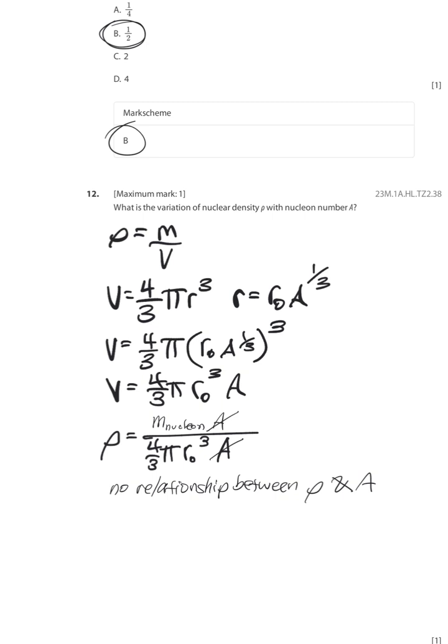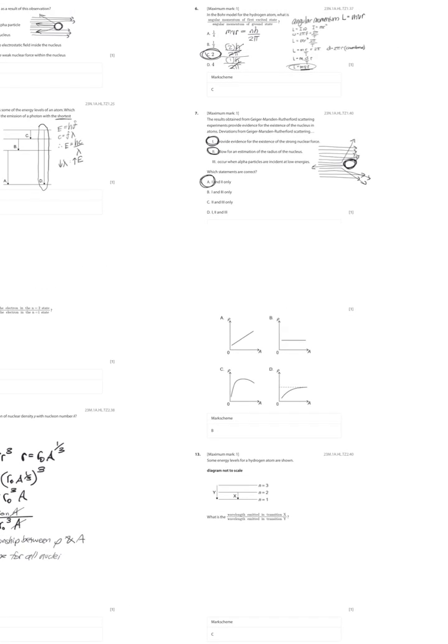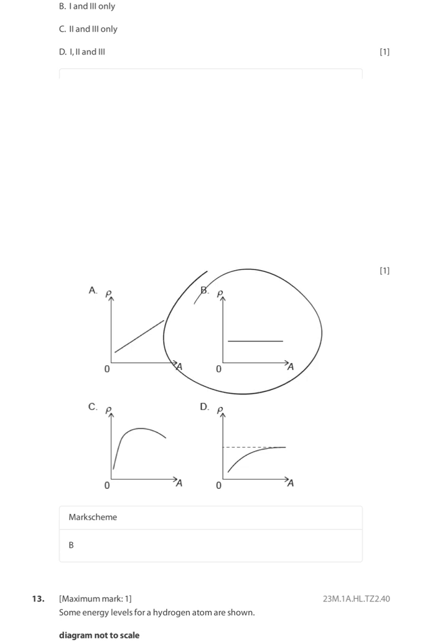But that nucleon number is in the numerator, but it's also in the denominator, and so they cancel. And so there's no relationship between density and nucleon number, or in other words, the density is the same for all nuclei. The density of the protons and neutrons, which is kind of neat. But that means that of the graphs, there is no relationship, and so it's B.